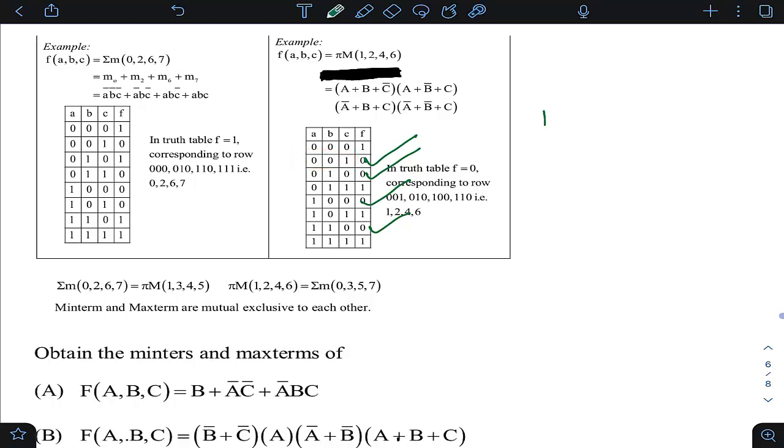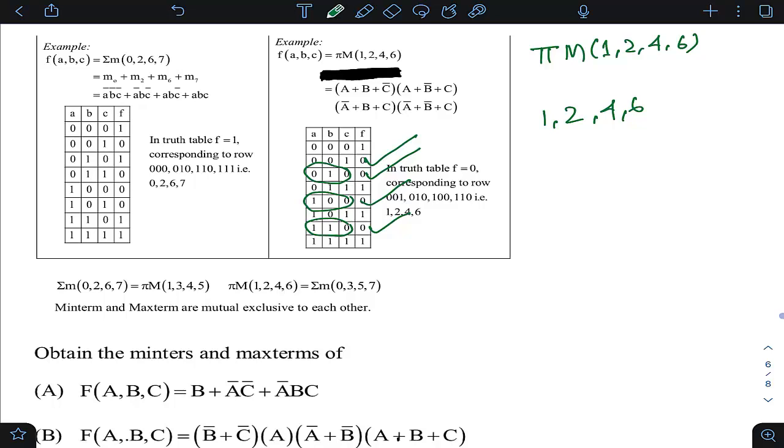Then 0, 1, 0 is 2. 1, 0, 0 is 4. 1, 1, 0 is 6. So 1, 2, 4, 6. That's why we can write this as maxterm M, 1, 2, 4, 6.